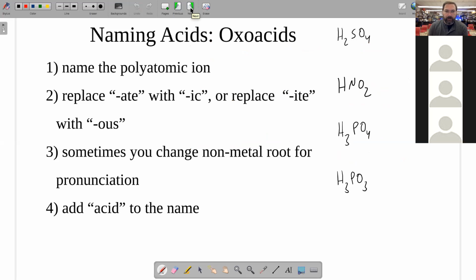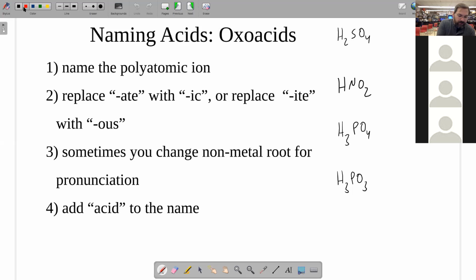And we'll do some examples because I want to mix up binary and oxo acids anyway. So oxo acids have names that include names of polyatomic ions. And on the polyatomic ion chart, you'll see that typically polyatomic ions end with "ate" or "ite."